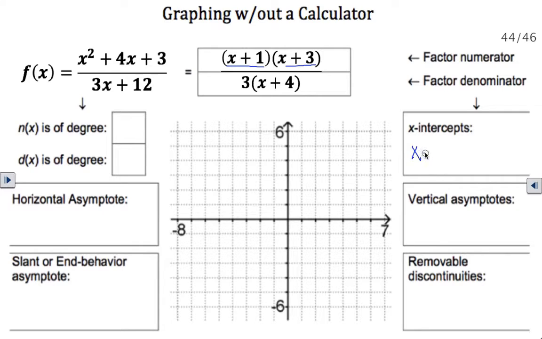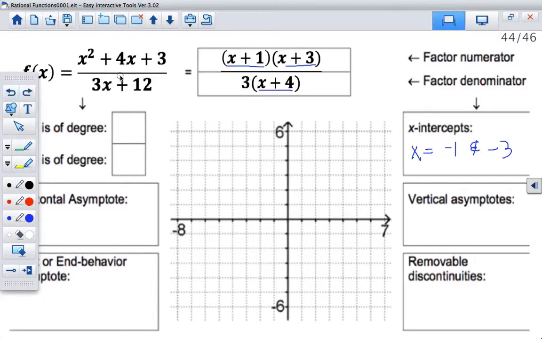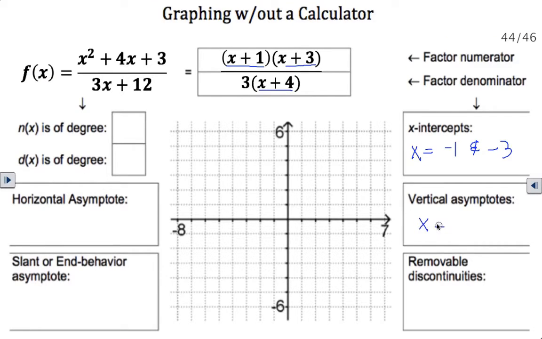So you have x-intercepts at -1 and -3. And then for this one, you set this factor equal to 0 and solve for x. Honestly, you can just ignore this 3. It does not matter. It's not going to change the location of your vertical asymptote. So in this case, your vertical asymptote is at x equals -4.